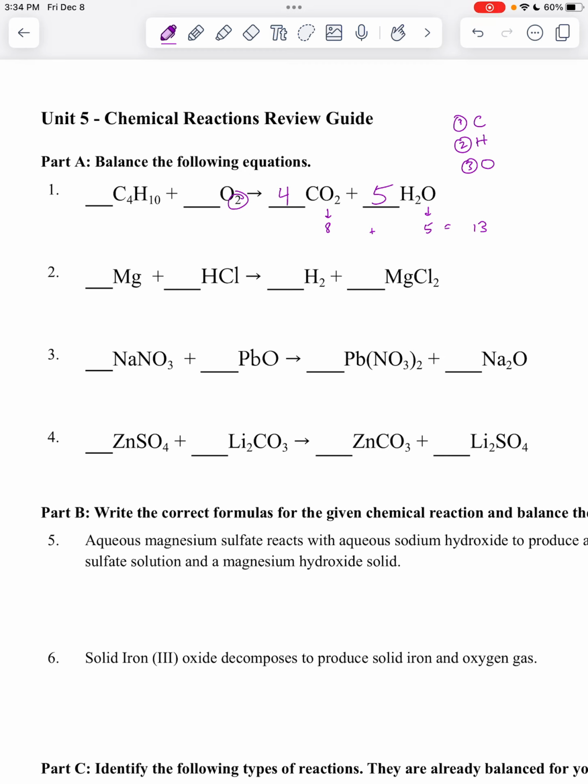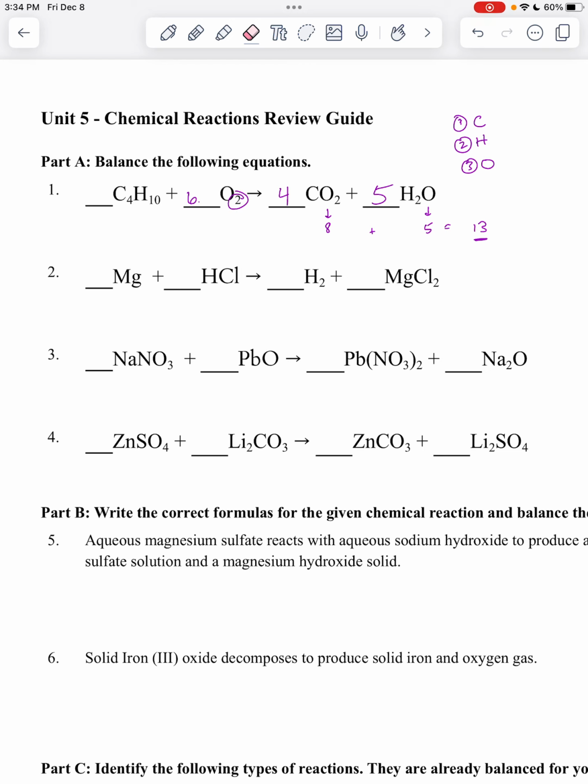Now, that being the case, there's no easy way, at least, I could get a whole number multiplied by 2 to get to 13, right? So what we would have to do is put some type of half out in front, which in this case would be 6.5.